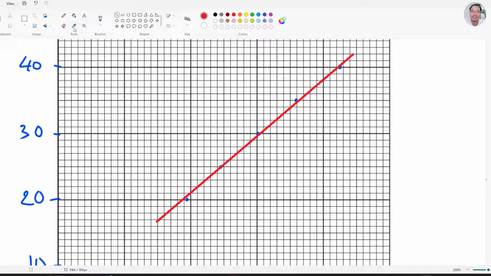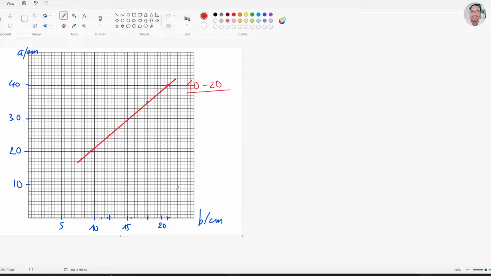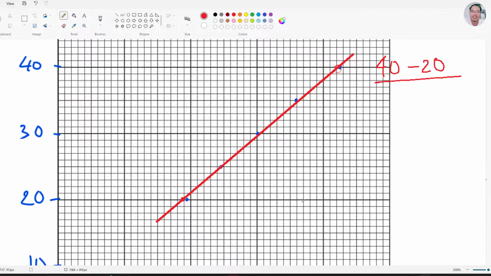Okay, the gradient. Choose any point on that line so that the value is easy to read. For example, I choose this point to be 40 for the rise, and another point here, 20, 40 minus 20, and the run is at 40 here.